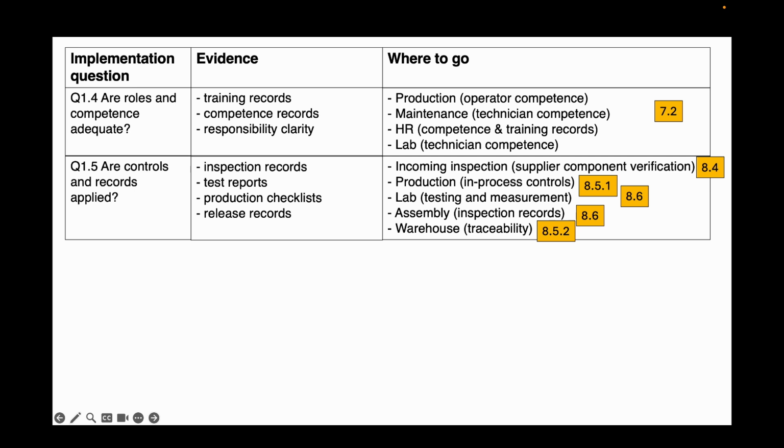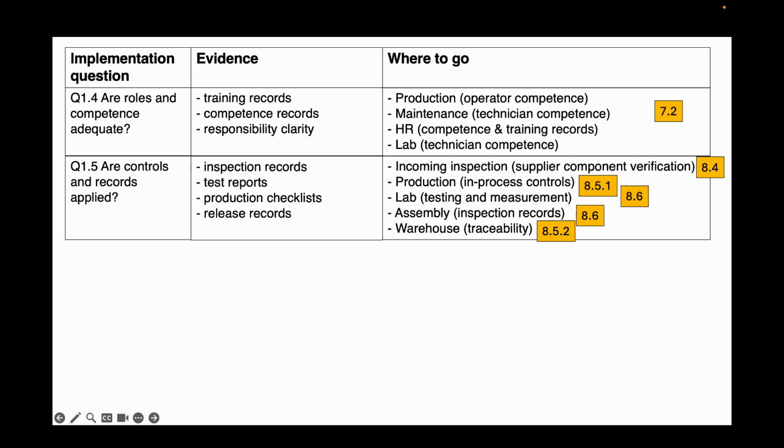For example, if I need evidence about competence, then clause 7.2 becomes relevant. If I need evidence about production control, traceability, or release, then I may need to look at clauses such as 8.5.1, 8.5.2, and 8.6. So the standard is still there, of course, but it enters through the evidence, not as an isolated checklist. And that is what keeps the audit grounded in reality.